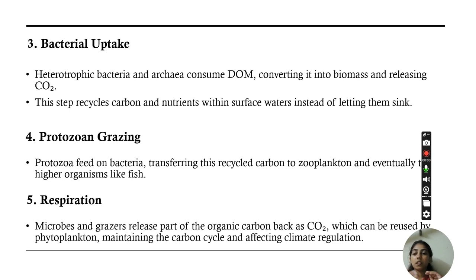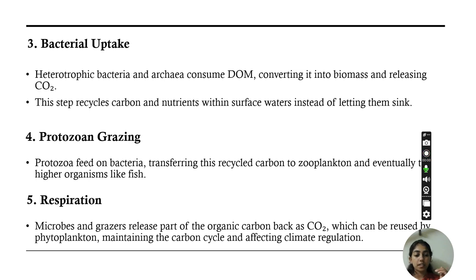Bacterial uptake. Heterotrophic bacteria and archaea consume DOM, converting it into biomass and releasing carbon dioxide. This step recycles carbon and nitrogen within the surface of the water instead of letting them sink. Next is protozoan grazing. Protozoa feed on bacteria, transferring this recycled carbon to zooplankton and eventually higher organisms like fish.